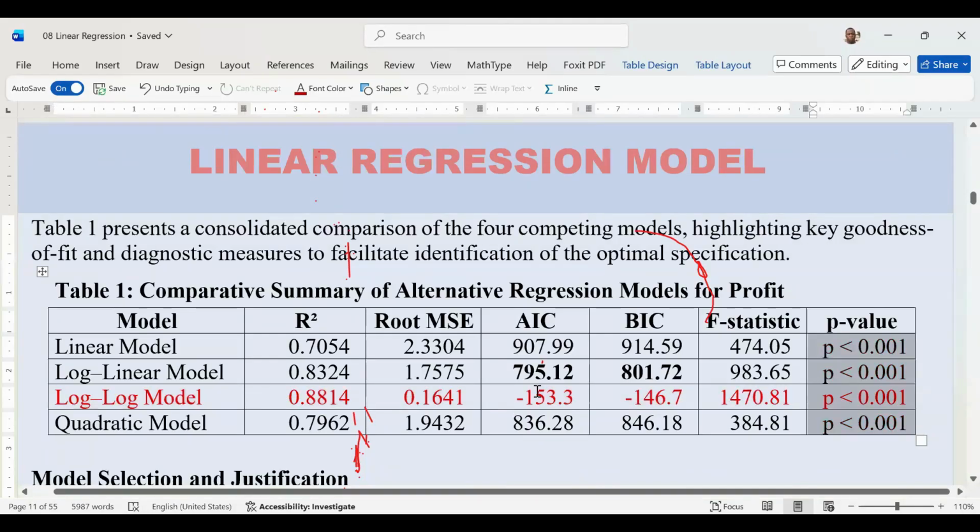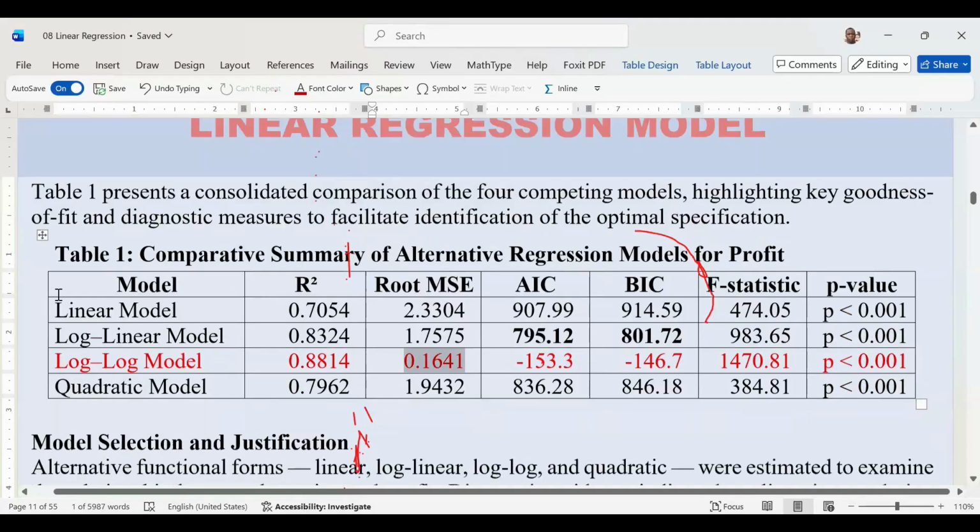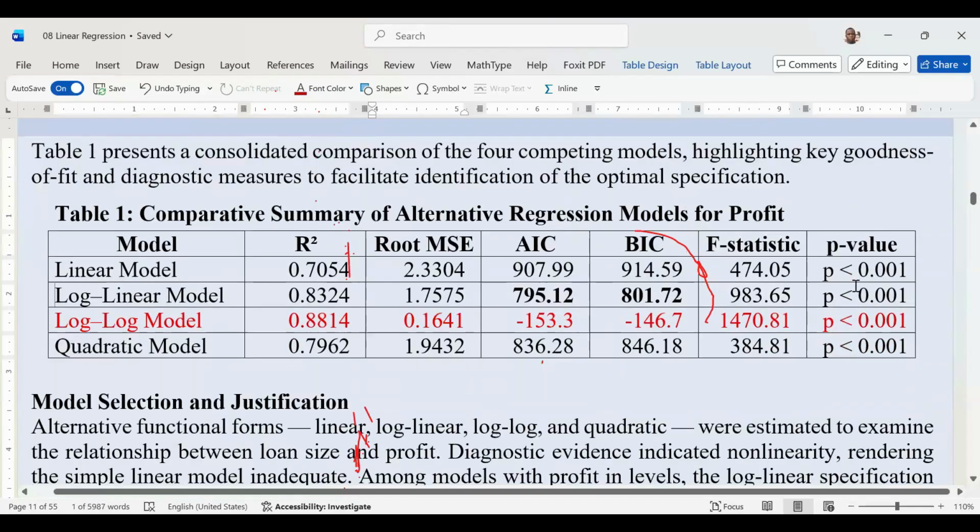The model with the smallest AIC or BIC is best based on model selection, and the model with the smallest root mean squared error is also one of the best. In all departments, it was the log model that topped. So we say that the log model is the optimal. Though the other models are also good, and the quadratic model also appears to be okay, the optimal model is the log model, so we use that one.